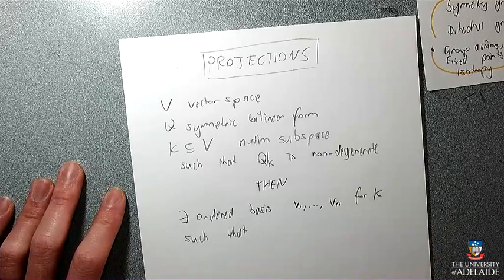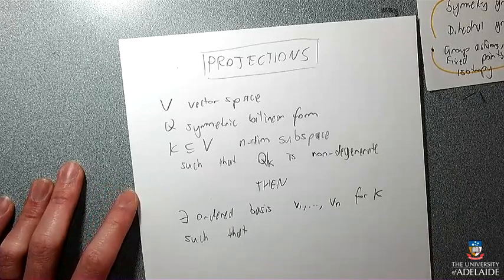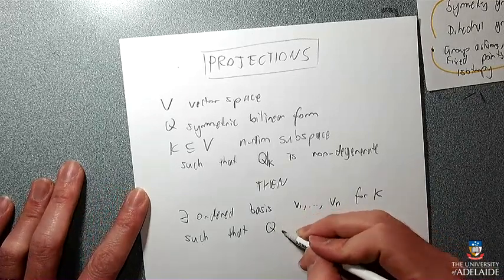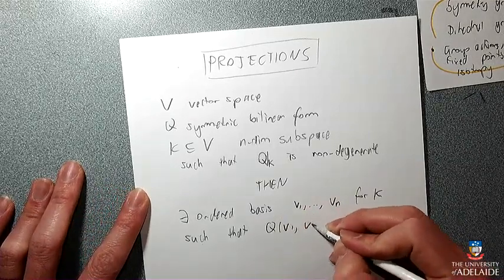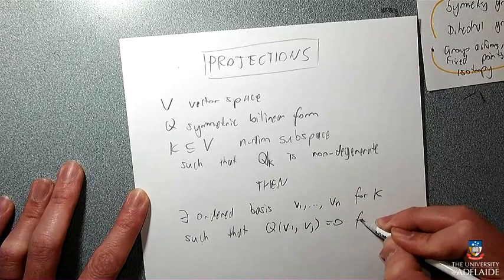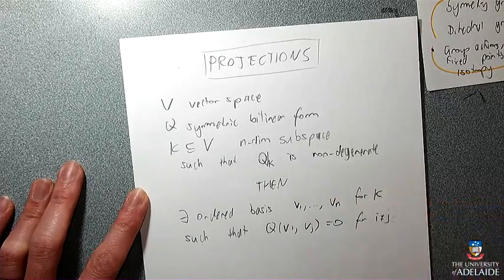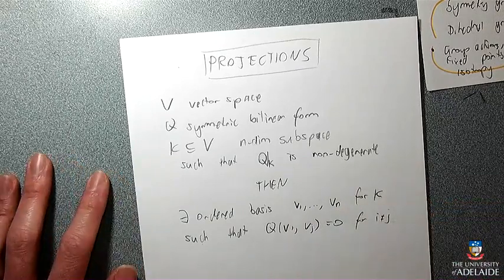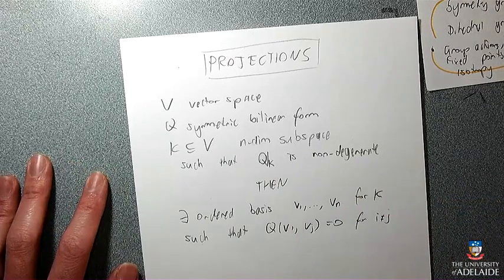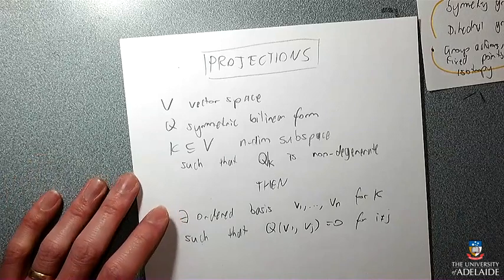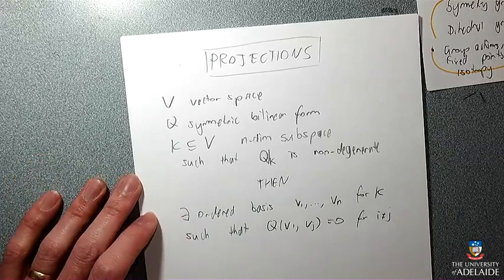Okay, so such that they're orthogonal to each other according to this Q, essentially, by the look of it. So Q of Vi and Vj is 0 for i not equal to j, and it's not 0 when they're equal.